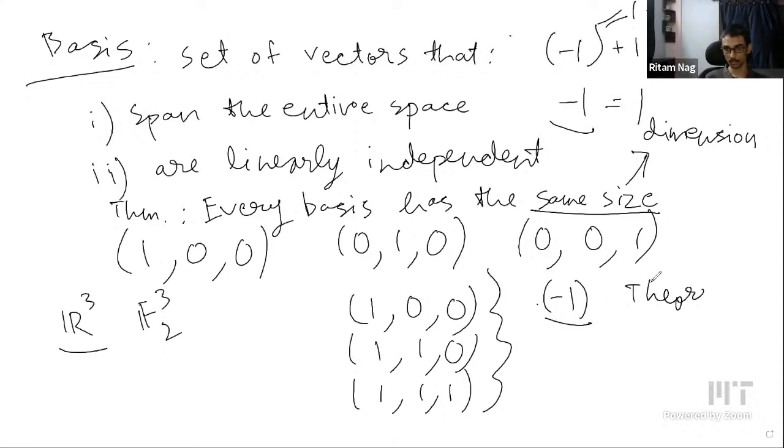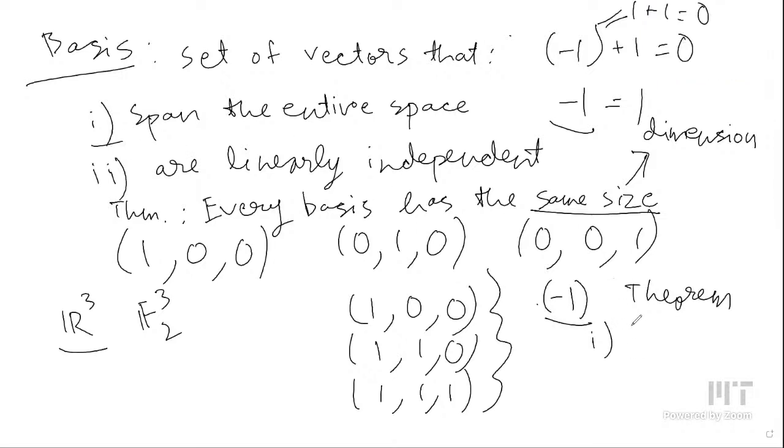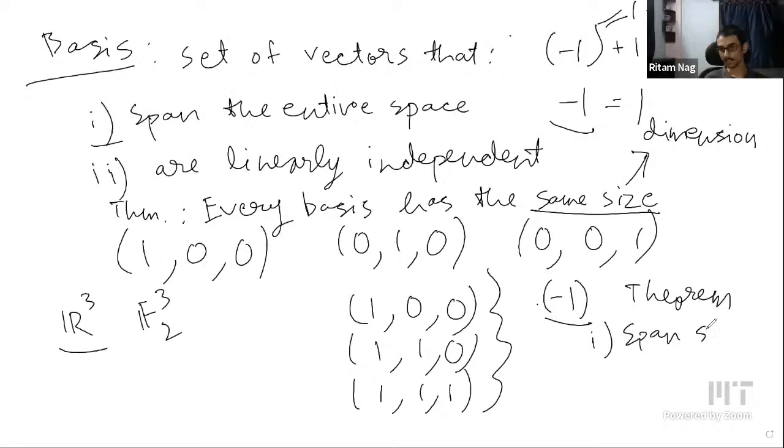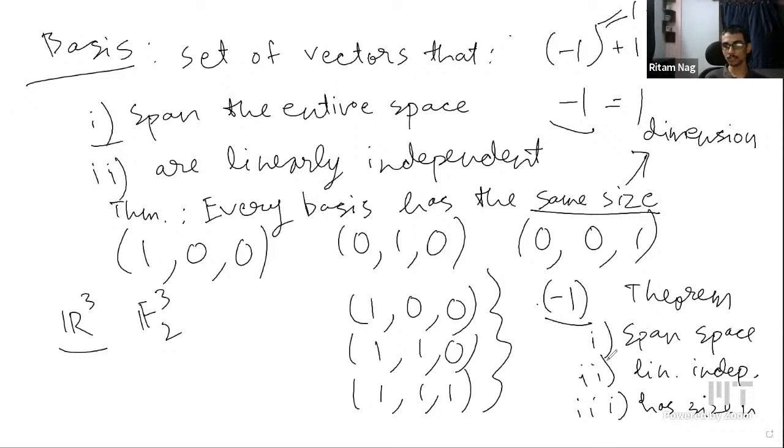So if you have any two of these, where one is that the set spans the space, two is linearly independent, and three is that it has size n. If you choose any set of vectors which satisfies two of these three, then it will satisfy the third.